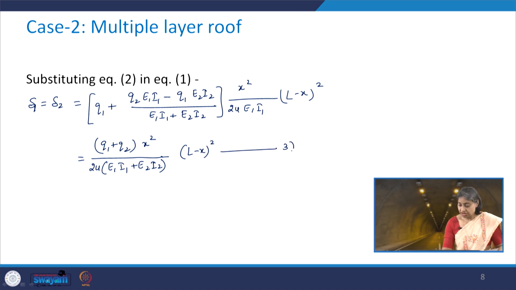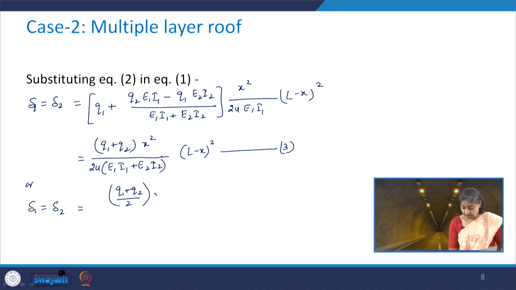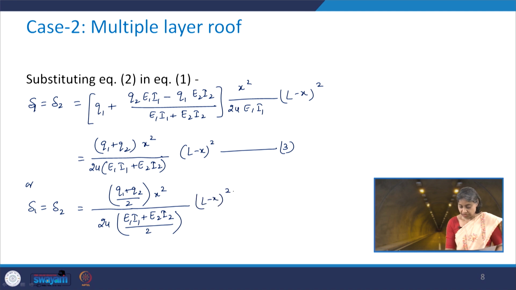Make this equation number 3. Or you can write delta 1 equal to delta 2 as Q1 plus Q2 by 2, into x square divided by 24 times E1 I1 plus E2 I2 by 2, into L minus x whole square.